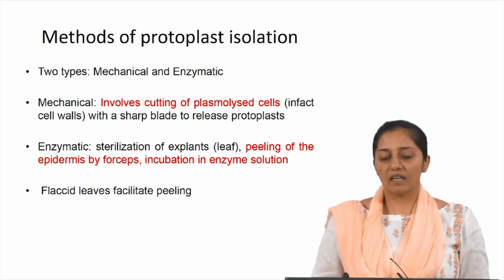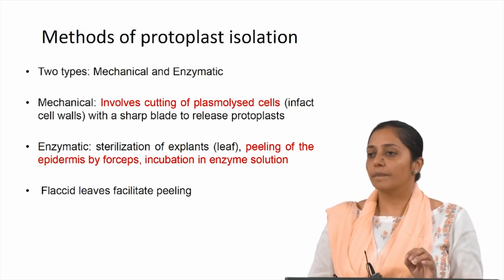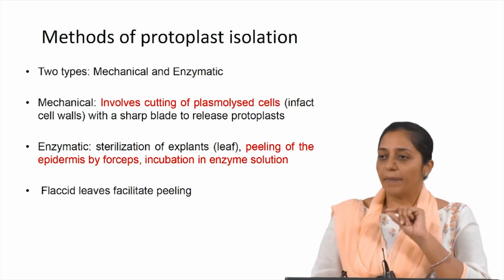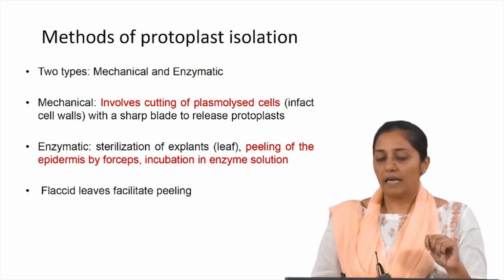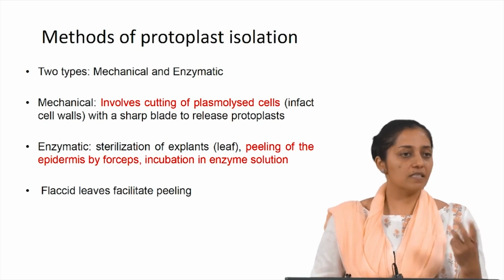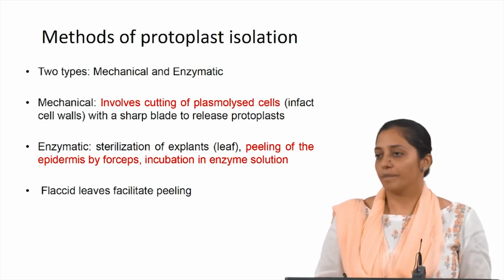So how is it done? You sterilize the explant. Generally you sterilize the leaf explants, the epidermis is removed, and then the explant is incubated with these enzyme mixtures for some time.